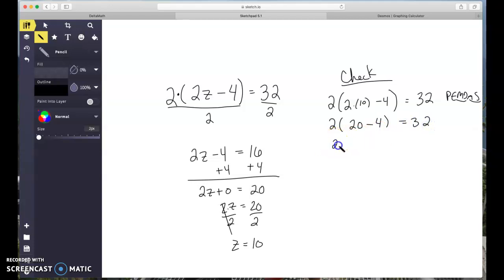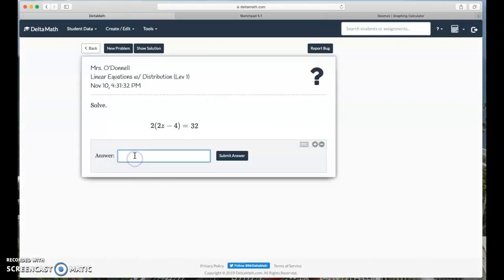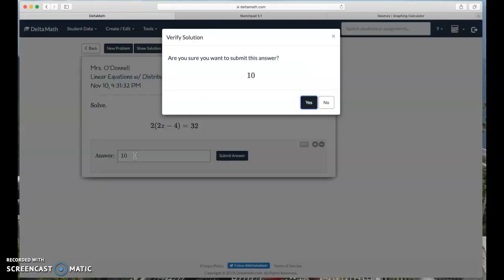And 20 minus 4 is 16. And 2 times 16 is 32. 32 equals 32. I know that's a true statement, so I know I have the right answer. So z equals 10. Pop back over to my Delta Math and type in 10 and hit enter.